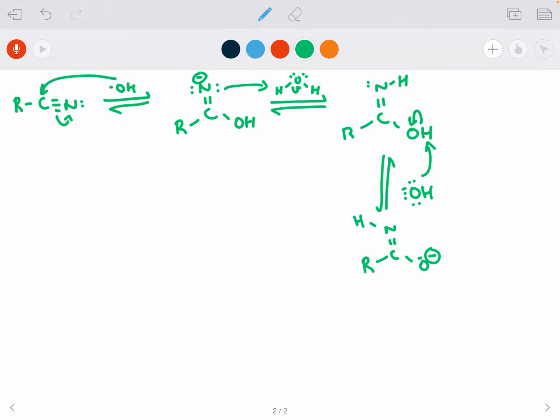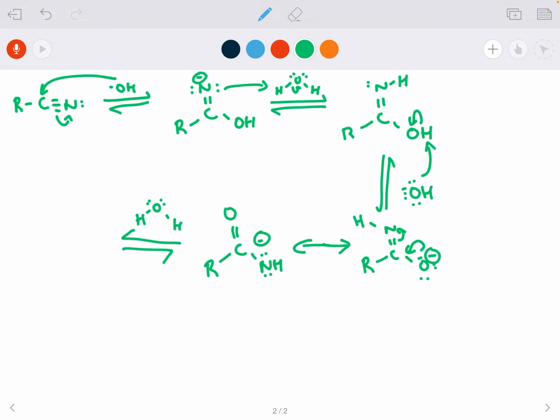And now this is in resonance with this structure. So then all I have to do now is protonate the nitrogen. And I get my amide.